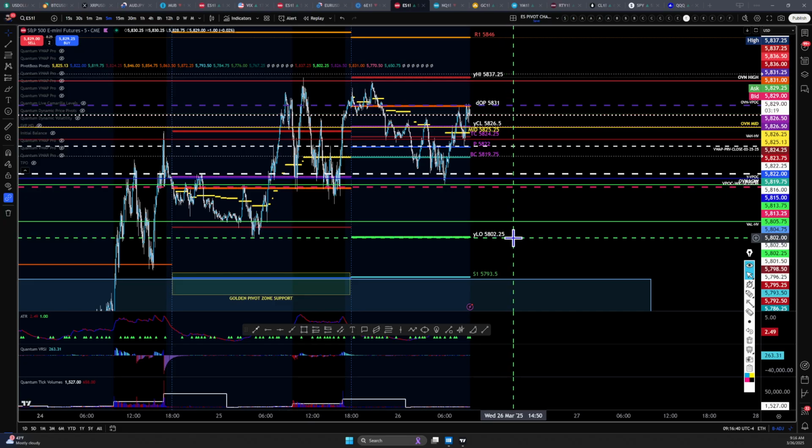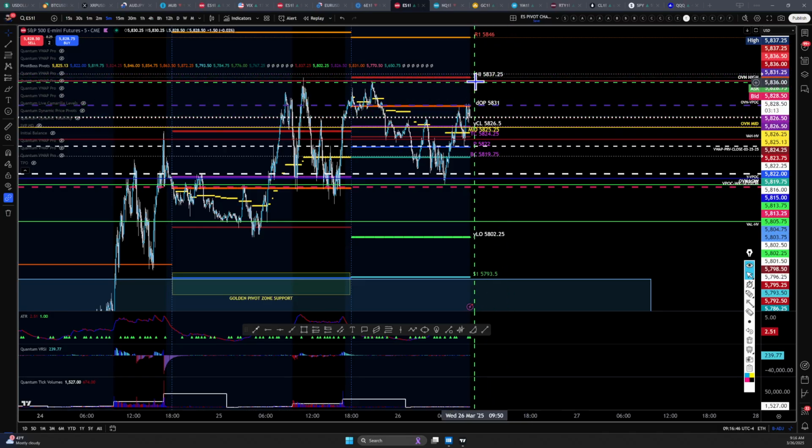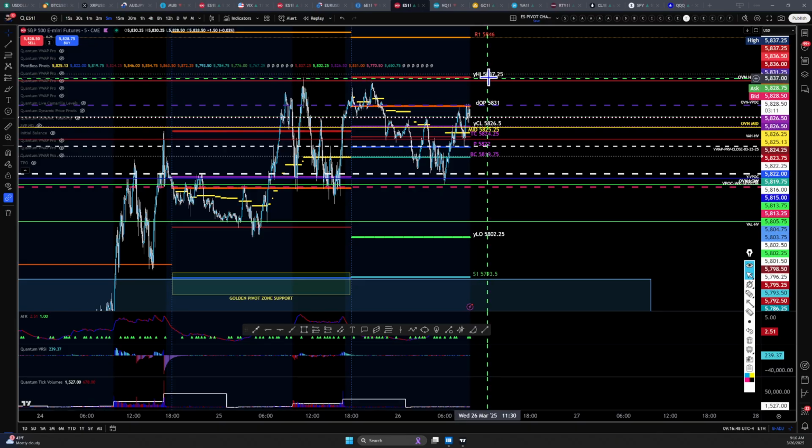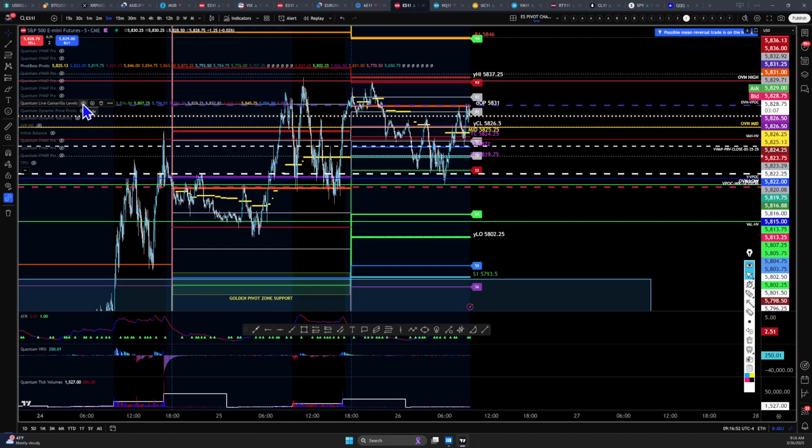Yesterday's low 58.02.25. Yesterday's high is 58.37.25, right? So looking like we want to tag yesterday's high and probably also lining up with Camarilla R3. So that's a resistance level or a target right now for bulls to achieve and hold, right?